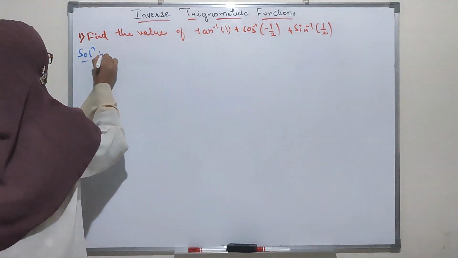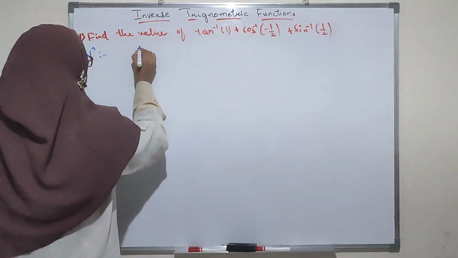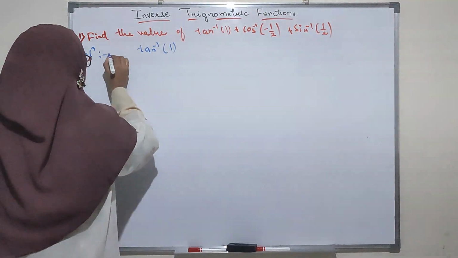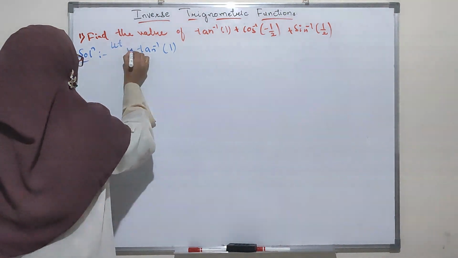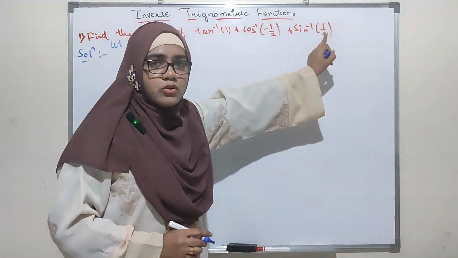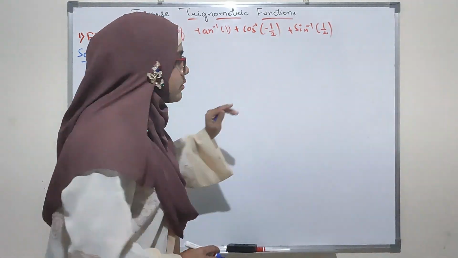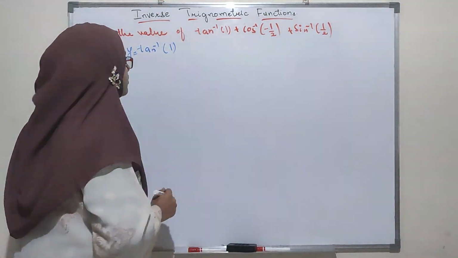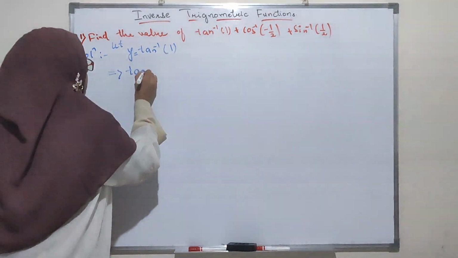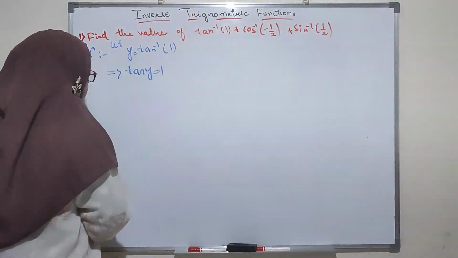Here the solution is, let's consider the first term, tan inverse of 1. Let y equal to tan inverse of 1. We will find the principal value for each term separately, then we will add. So this becomes tan y equal to 1.